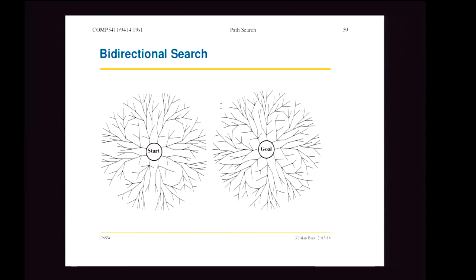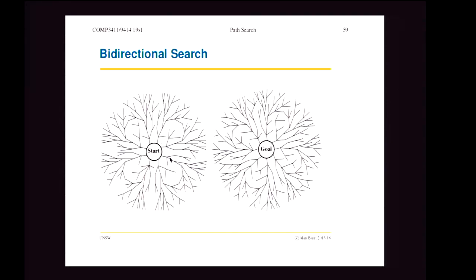Well, bidirectional search kind of plays on that idea, but you do both at the same time. So you start to search out from the initial state, but simultaneously you try to work backwards from the goal state, and you hope that they'll meet in the middle.